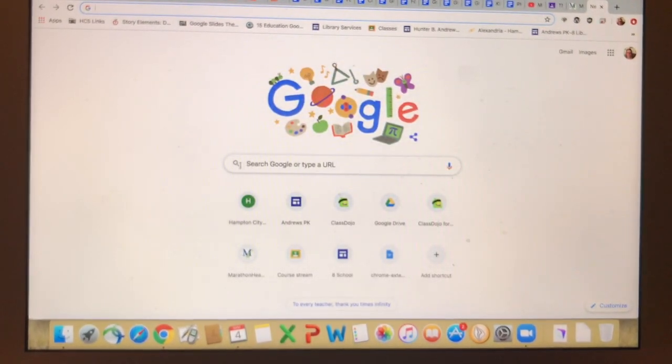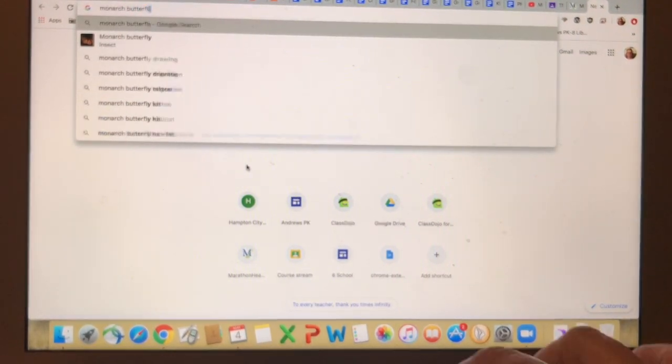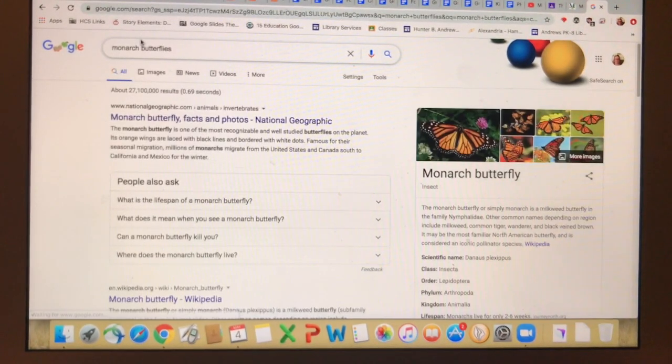See, a lot of people use Google, and we could type in monarch butterflies just to see what we can get. And right here, monarch butterfly facts and photos from National Geographic.